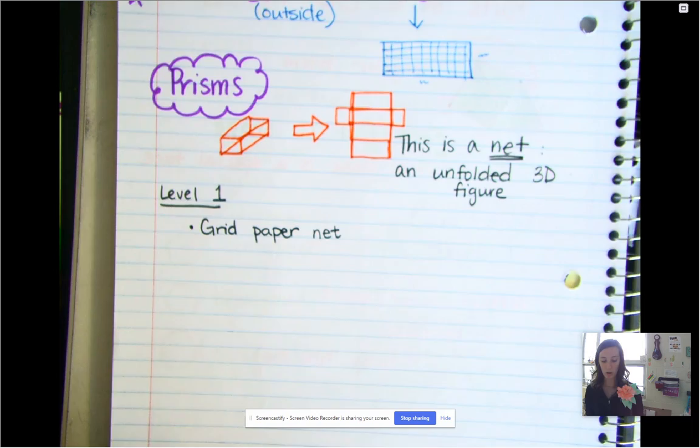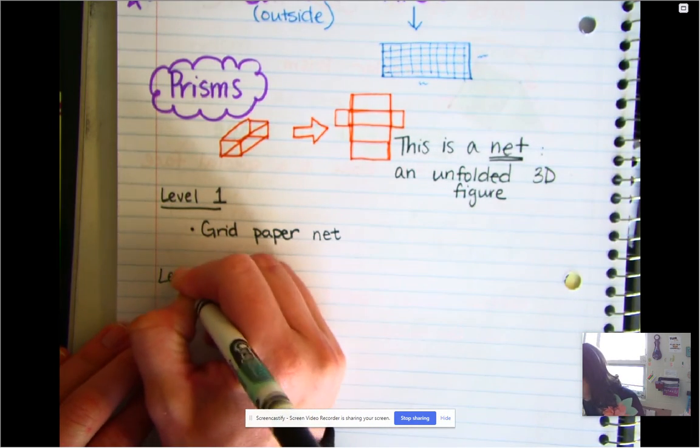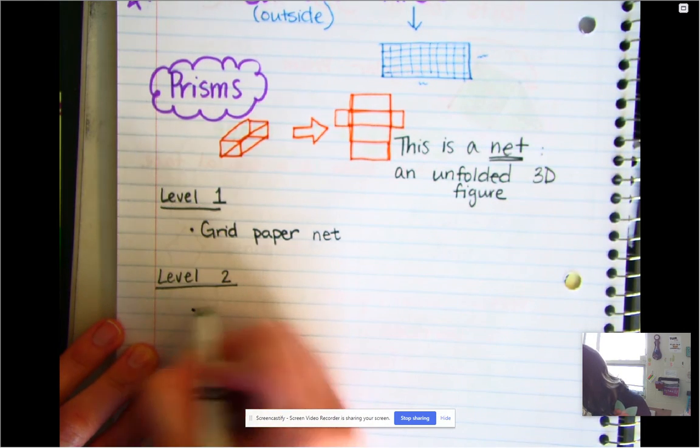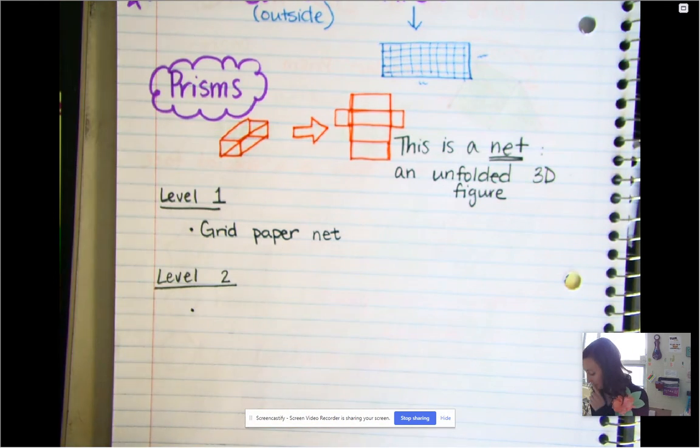That's level 1, what we did on here. Level 2 now is to be able to look at the net, but not on grid paper, just with measurements written off to the side.